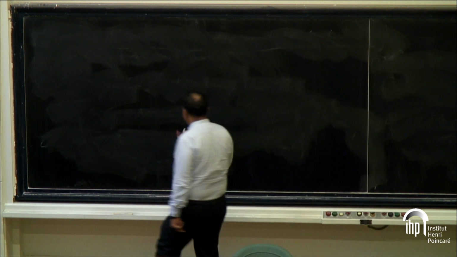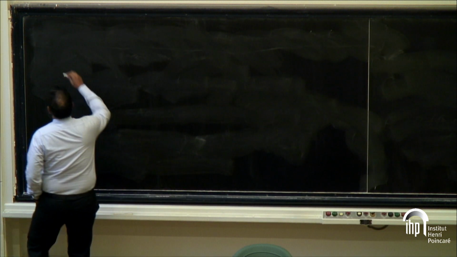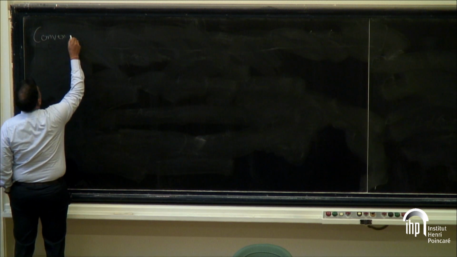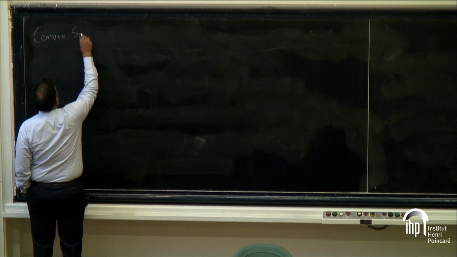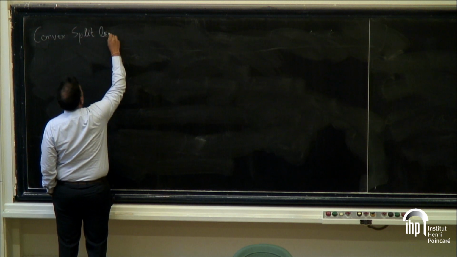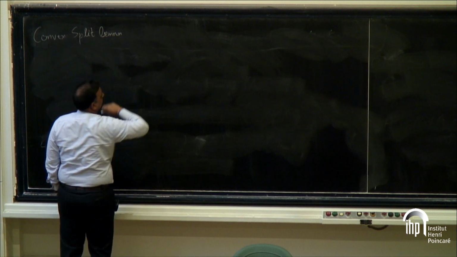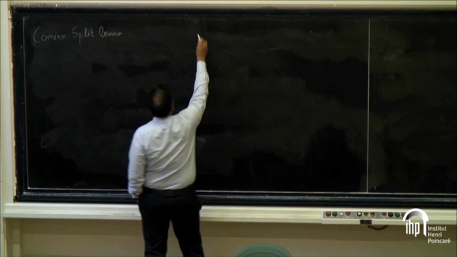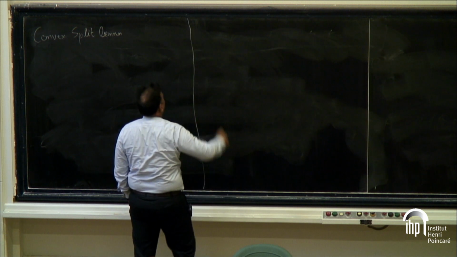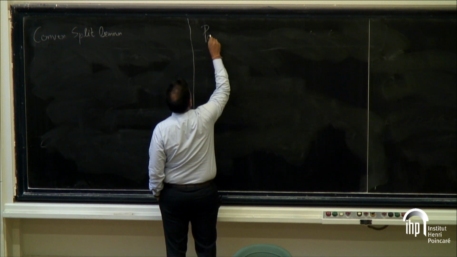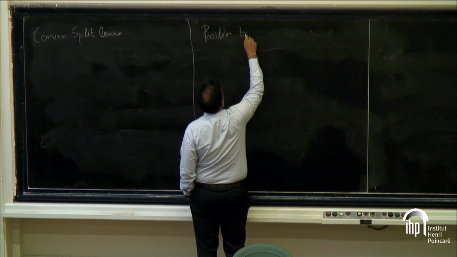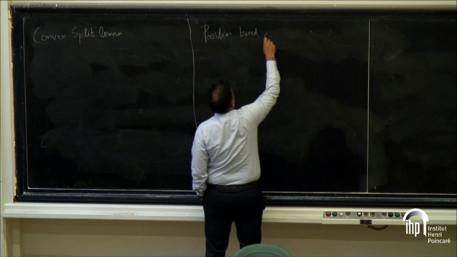And the two tools are: one is what we call the convex-split lemma, and the other is called position-based decoding.